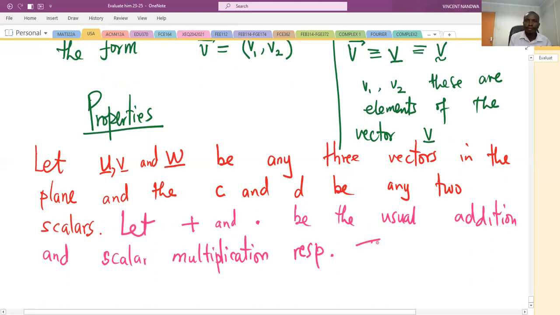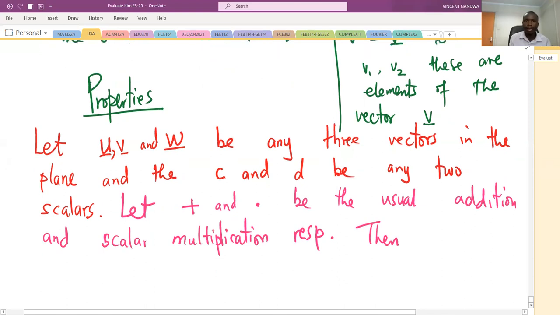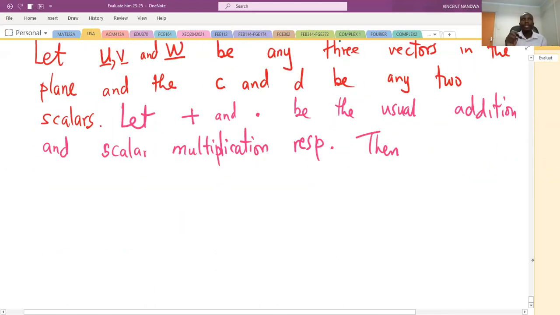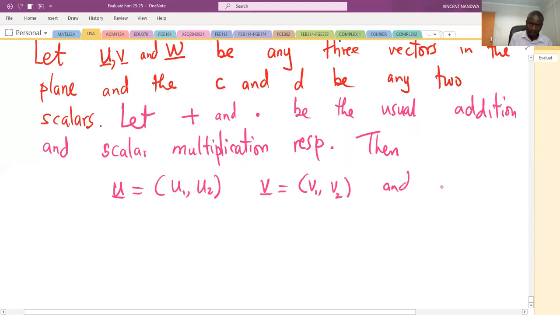Then, remember, because we're saying that U, V, and W are vectors in the plane, U can be written as U1, U2, V is V1, V2, and W is W1, W2.